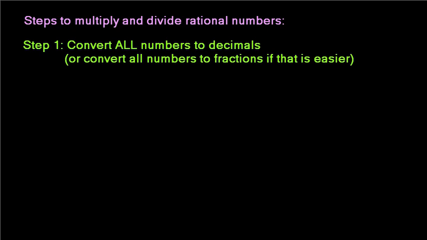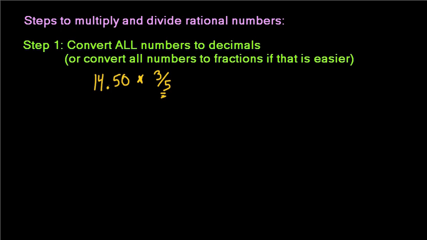So if you have a problem that looks like this, I've got a decimal right here, so I need to convert the fraction to a decimal. Or conversely, you could convert 14.50 to a fraction, then do top times top and bottom times bottom. But that will be a little more difficult.